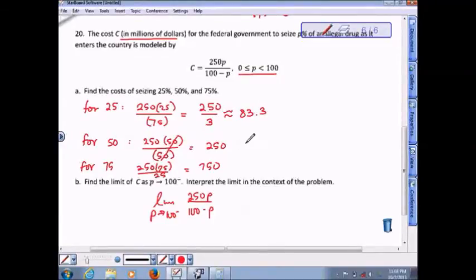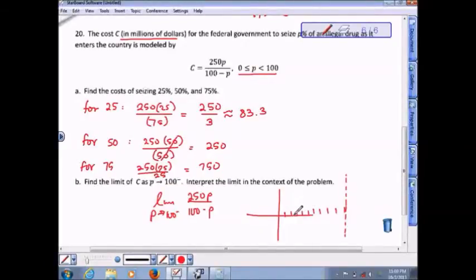We've done a numerical analysis kind of here, where we've tested some points. If we consider just a rough idea of what this graph might look like, there's a vertical asymptote at 100. These are 10s: 10, 20, 30, 40, 50, 60, 70, 80, 90, 100. So we have a vertical asymptote at 100. And these represent percentage points of how much of the drug they want to seize.